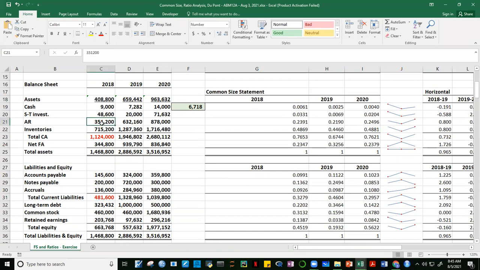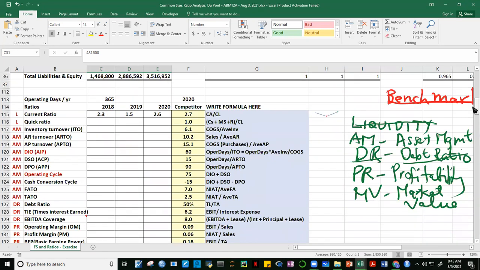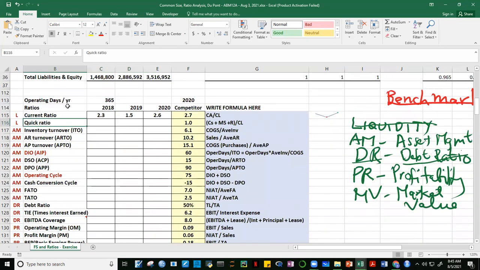Pero paano kung pahirapan pa dito mag-collect, tapos yung iba pa nga halos bad debts na, uncollectible accounts na, you'll have a problem paying these total current liabilities. We'll have liquidity problems, guys. Okay? So that's why instead of just looking at current ratio, tinitingnan din natin yung quick ratio.